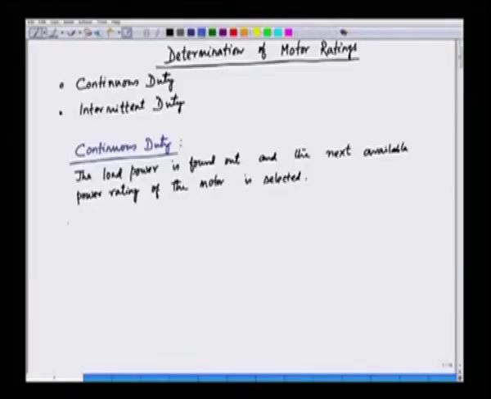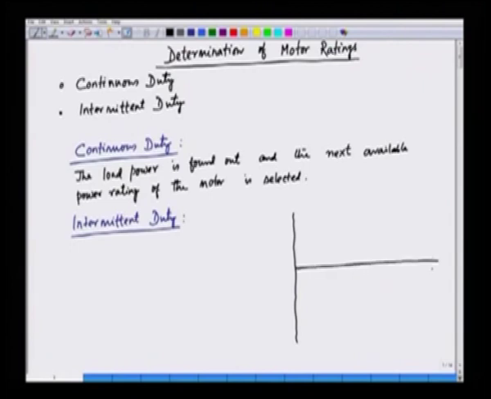So, we have intermittent duty, so let us assume that the load is changing as follows. We have the time on the x axis, and let us say we have the current of the motor. The motor is drawing the current in the following fashion.